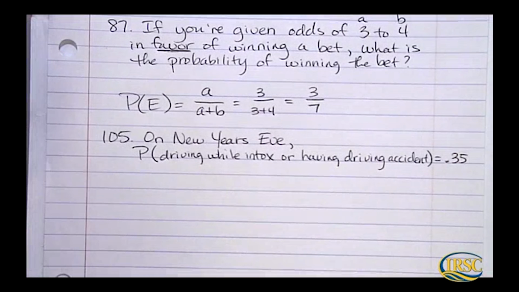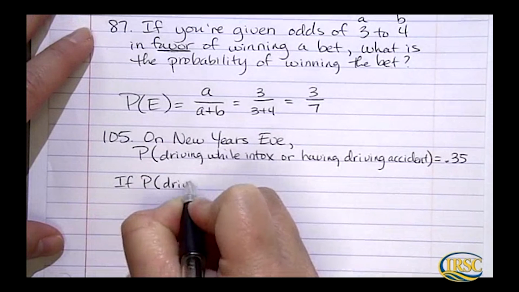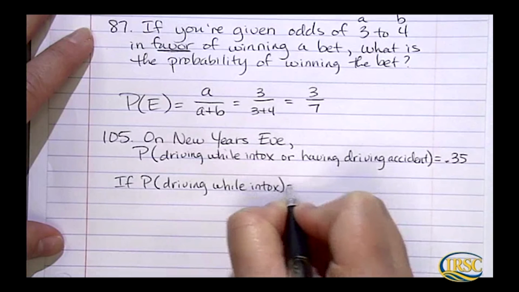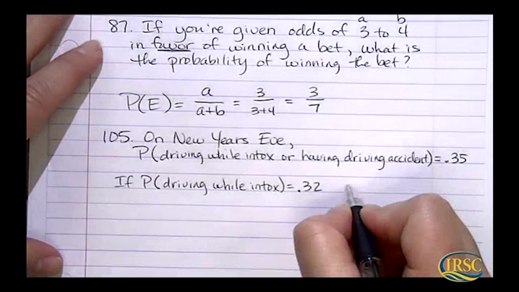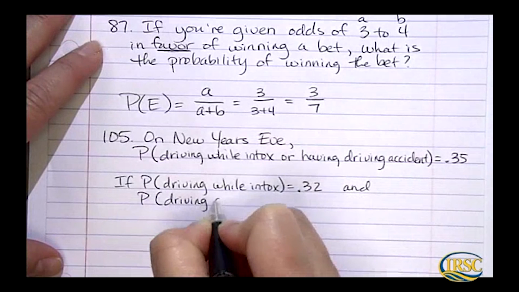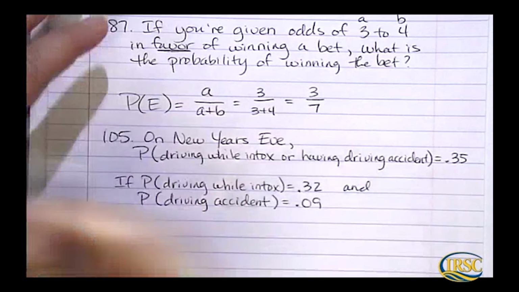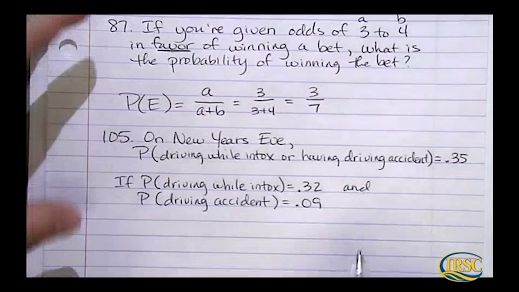If the probability of driving while intoxicated is 0.32, and the probability of having a driving accident is 0.09, find the probability of a person having a driving accident while intoxicated.